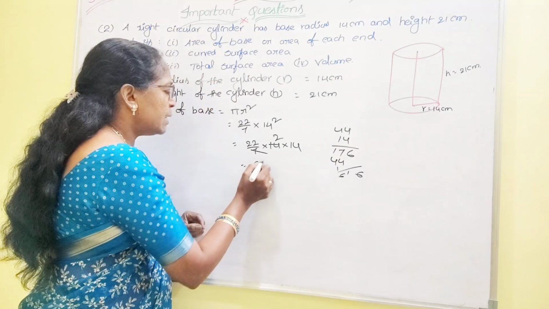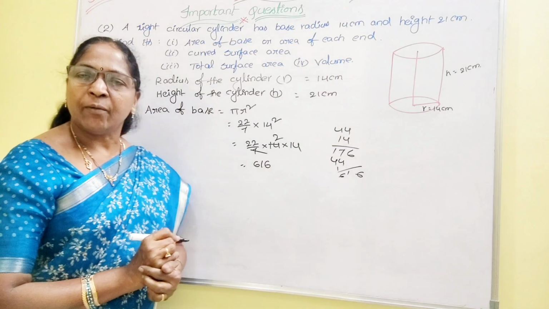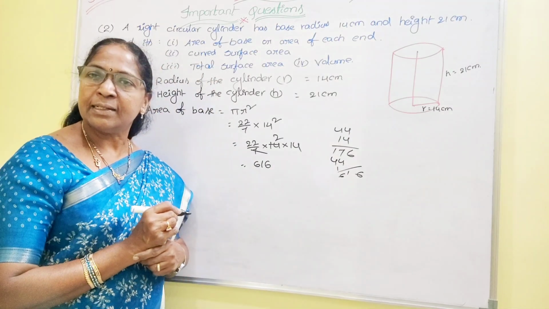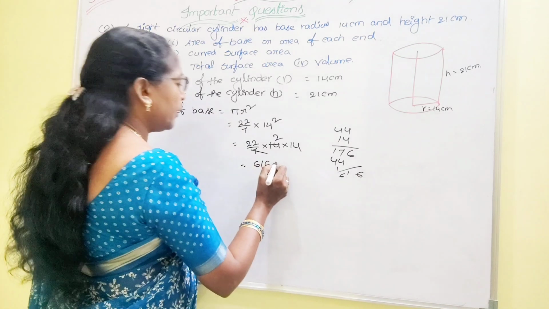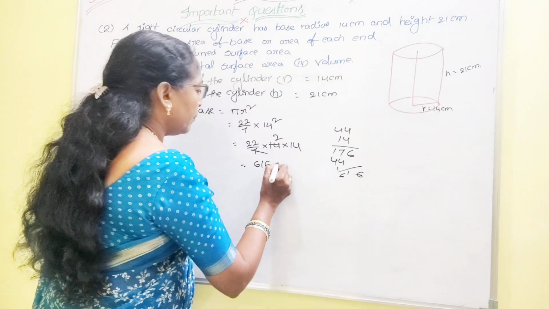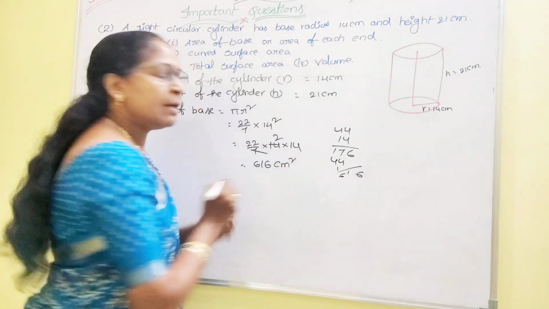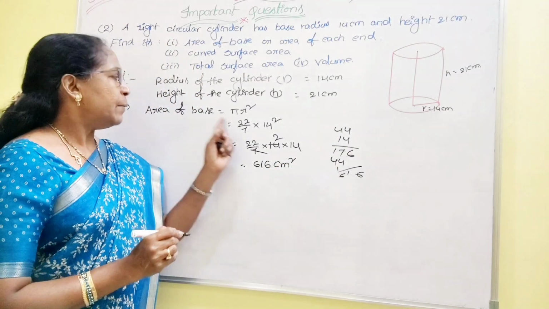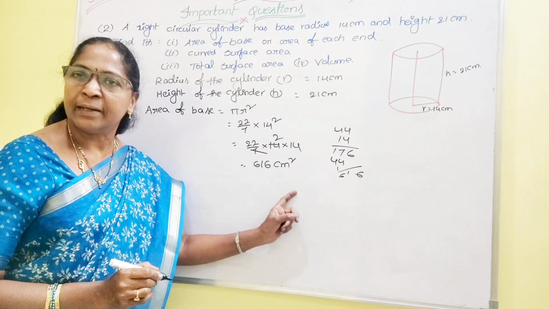What's the value? 616. And what is the unit of area? That is always square unit. Here the value is given in centimeters, so the unit is centimeter square. Area of base equals 616 centimeter square.